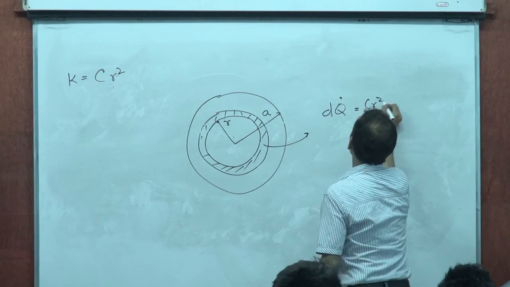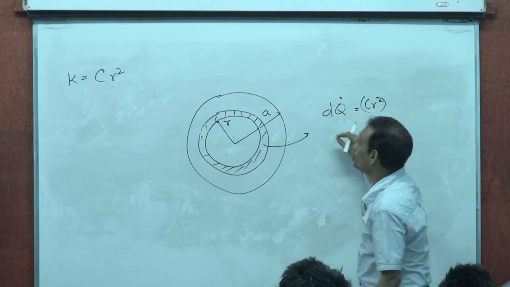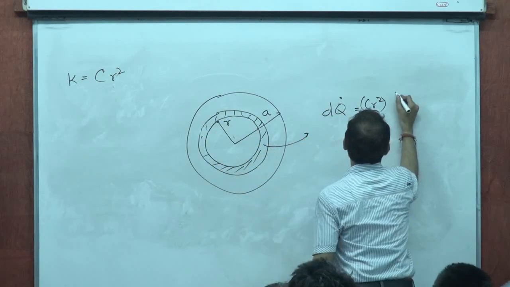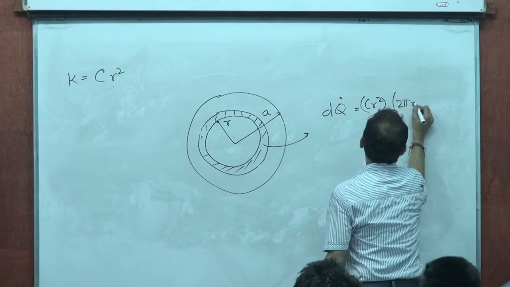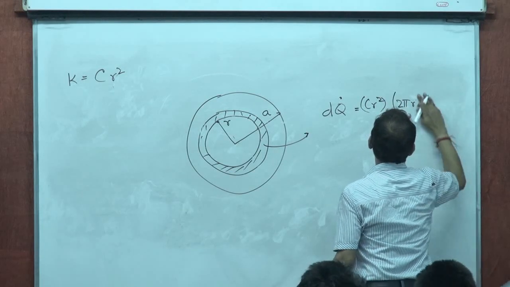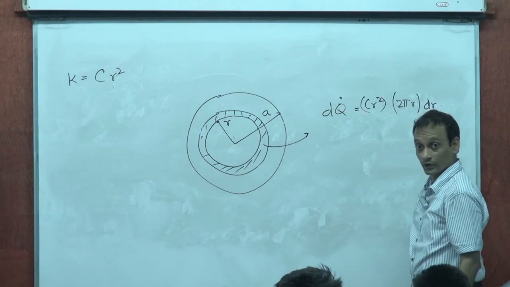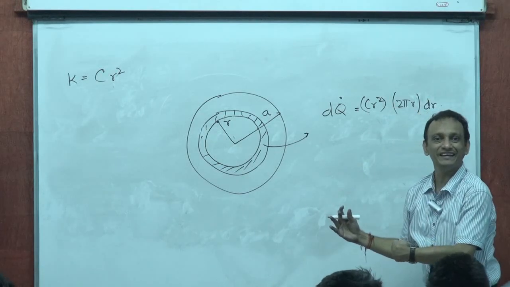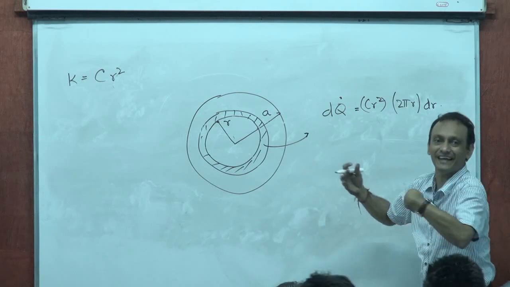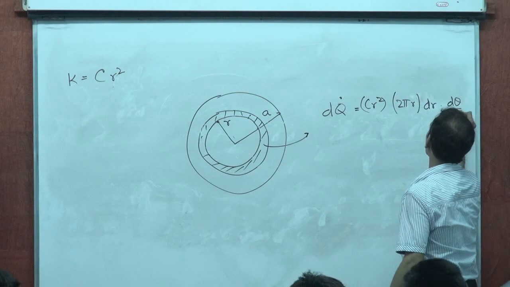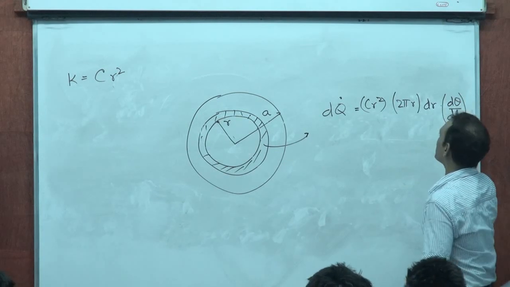K, which is C r squared, into area, which is 2 pi r dr, that's KA, into the temperature gradient, d theta dl. L is along the length of the cylinder. That's the temperature gradient.